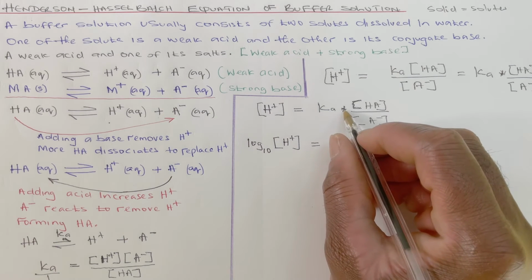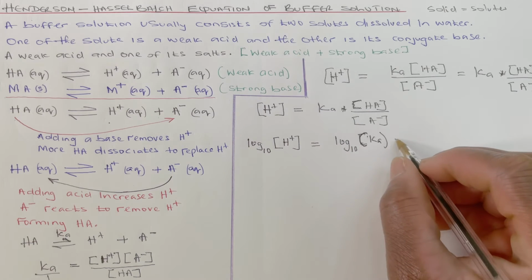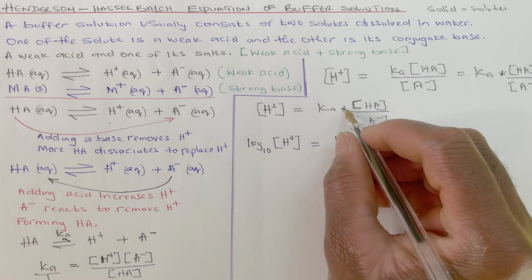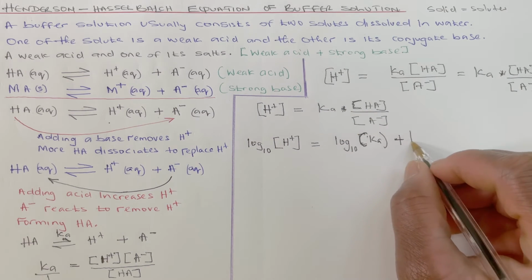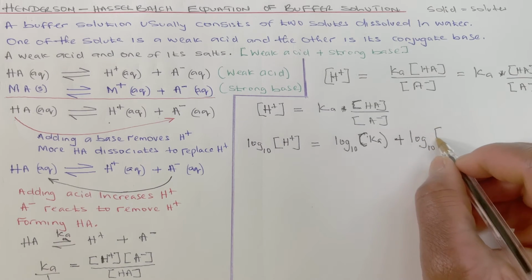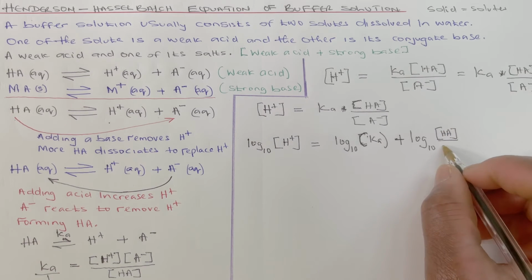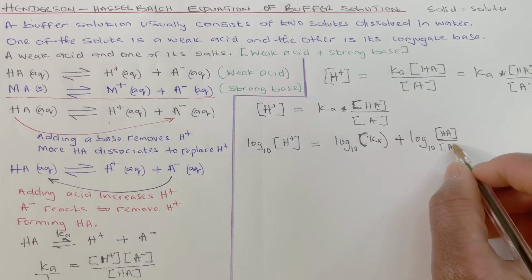Well, if you're taking the log of a product, it becomes a plus, so it is log base 10 of Ka plus log base 10 of the concentration of acid over the concentration of base.